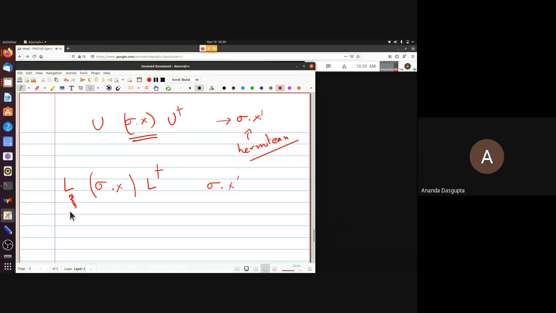So how do you achieve that? You wanted Hermiticity, fine. You can do that with any 2 by 2 matrix. But with any 2 by 2 matrix, the determinant will not stay the same. So what do you want to achieve? You want to force a condition on L to ensure that the determinant stays the same.